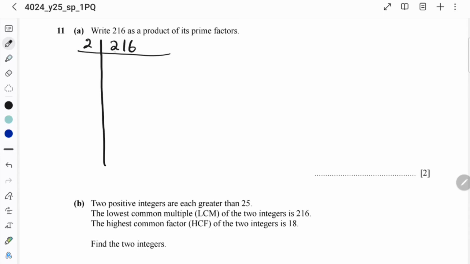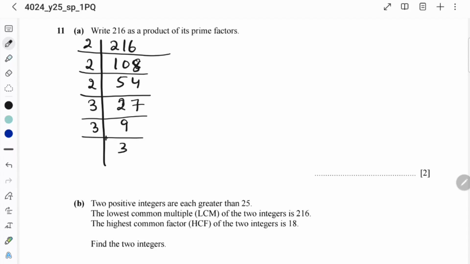Divide by 2, it's 108, and then we can again divide by 2. 108 divided by 2 is 54, and we can again divide by 2, that is 27. 2 7s are 14. 3 times 9 is 27, 3 3s are 9, and 3 1s are 3.